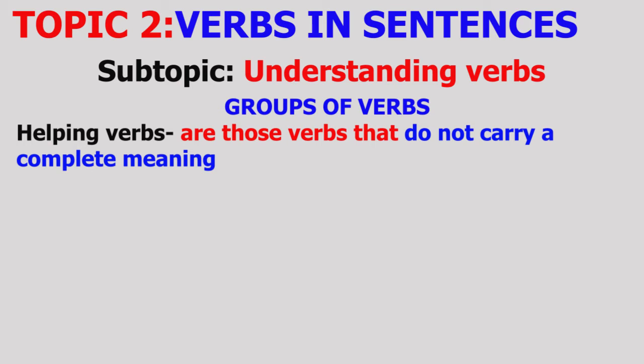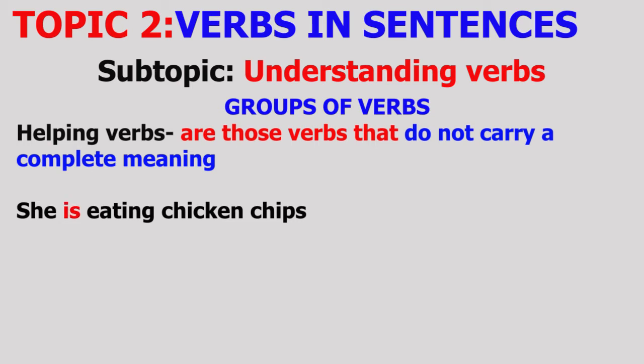Look at these examples that I'm going to give you. For example, she is eating chicken chips. Judging from the knowledge that you have got about main verbs, here the main verb is eating, because it carries a complete meaning. But is is a helping verb.